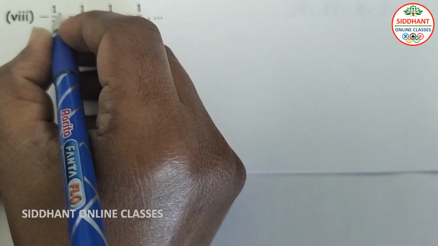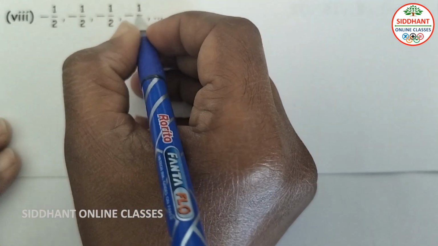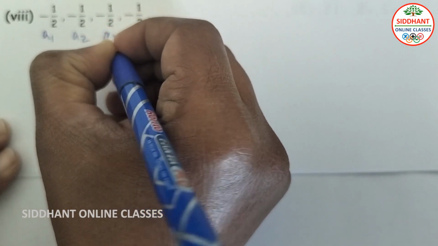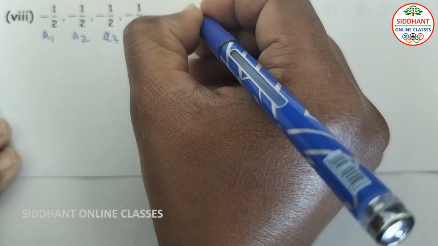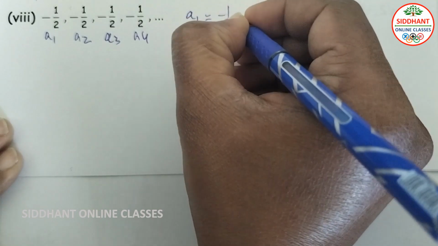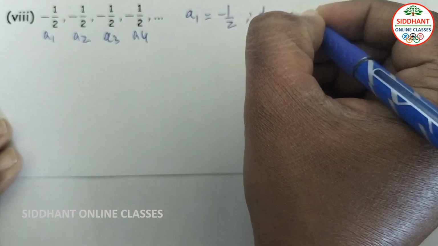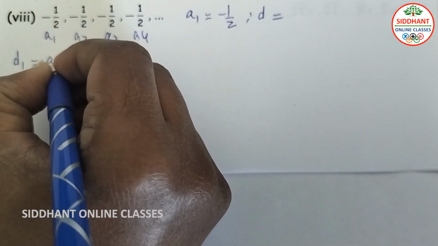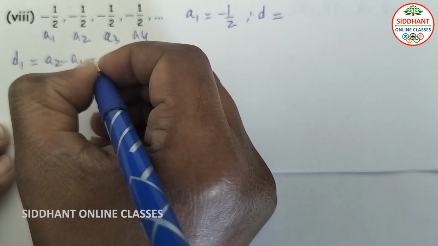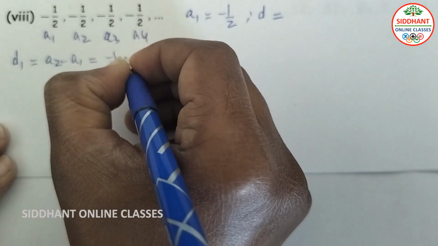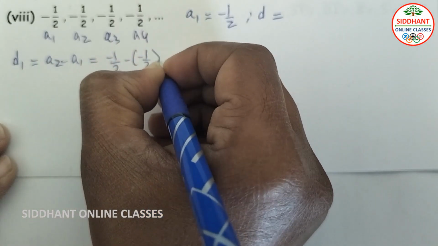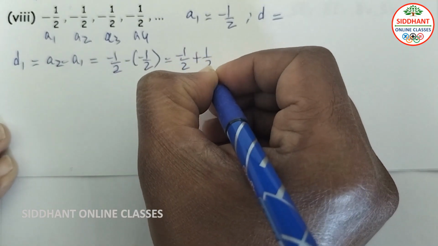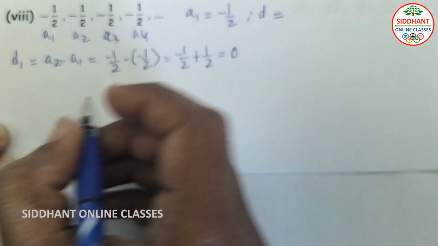Eighth one, minus 1 by 2, minus 1 by 2, minus 1 by 2, minus 1 by 2. So here a1, a2, a3, a4. So a1 is equal to minus 1 by 2 and we are going to find out d here. So here d1 is equal to a2 minus a1. So that equals minus 1 by 2 minus of minus 1 by 2, that equals minus 1 by 2 plus 1 by 2, that equals 0 here.